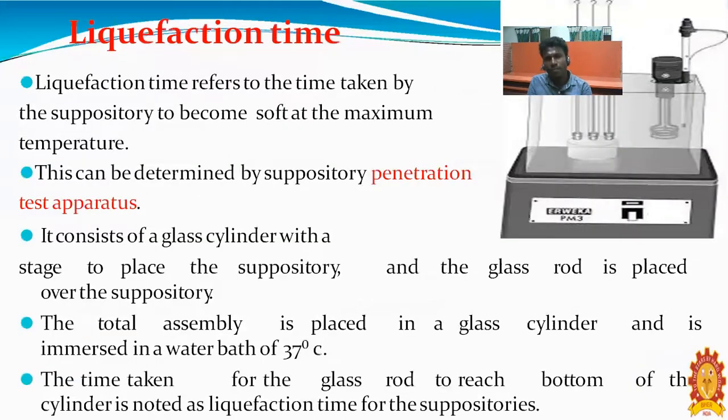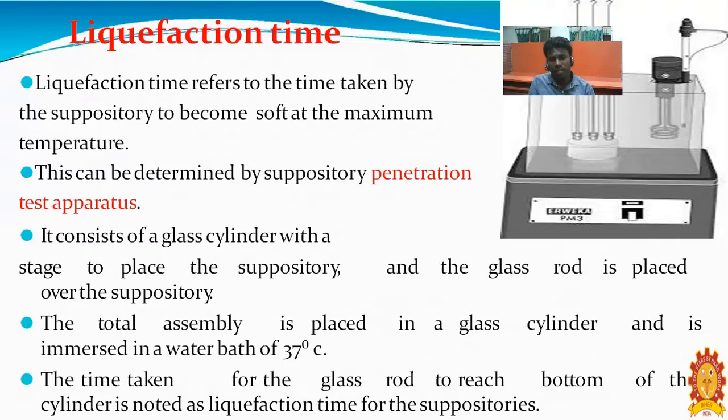Next, liquefaction time. Liquefaction time refers to the time taken by the suppository to become soft at the maximum temperature. This can be determined by a suppository penetration test apparatus.